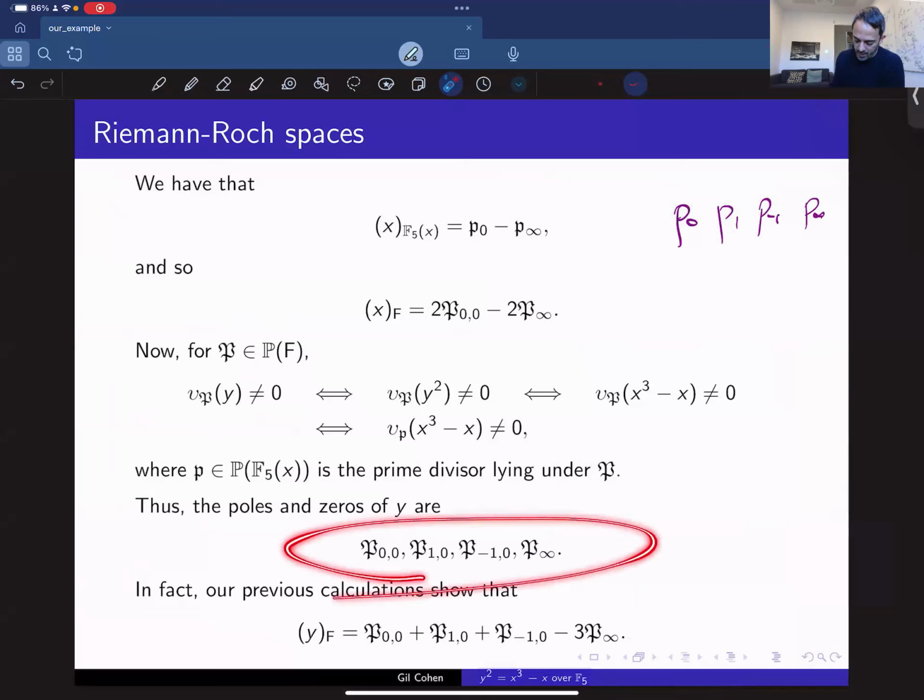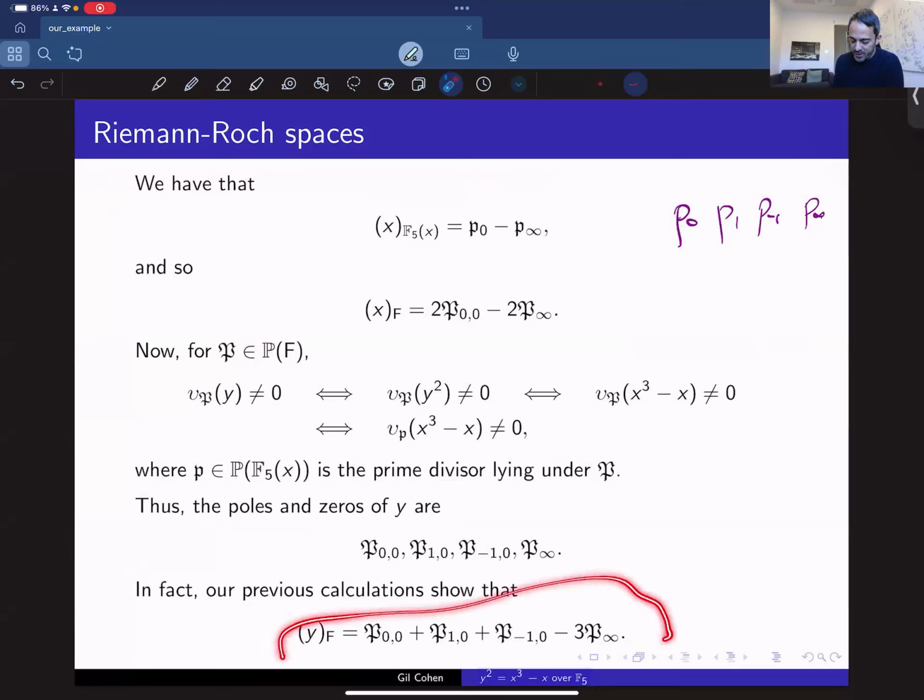Right, so that's what's written here. And actually, the previous calculation that we did shows that the principal divisor is precisely this thing. For example, P00, but each of them, for the same reason, appears with a coefficient of 1 because the valuation of y at those points is 1.